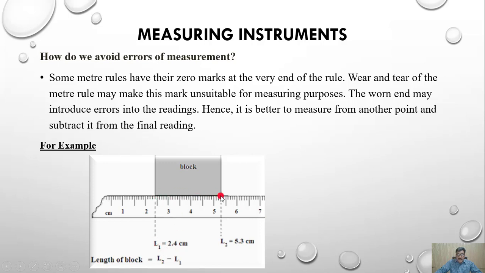Note the reading on the other end, which is 5.3 centimeter, and I name it L2. Now take the difference: L2 minus L1, which means I subtract the initial value from the final one, and whatever difference I get is the length of this block. In this way we can achieve a better measurement reading.